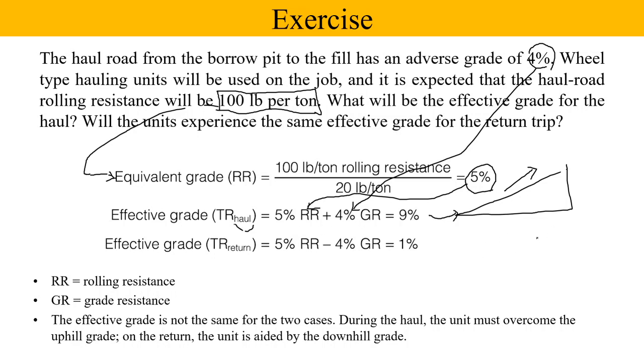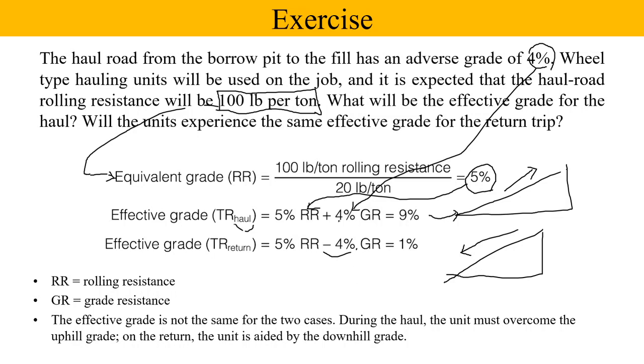But when you're going down, when you're returning, the slope is helping you. So there will be less effective grade. So you should do 5% minus the 4% of grade.